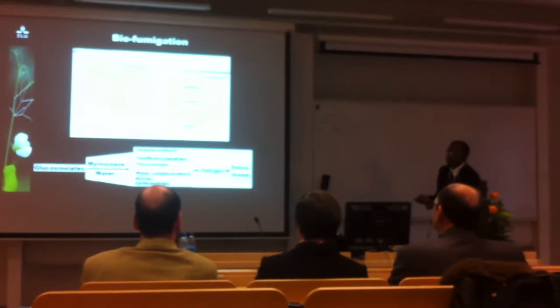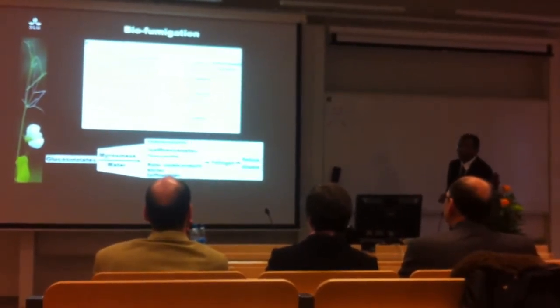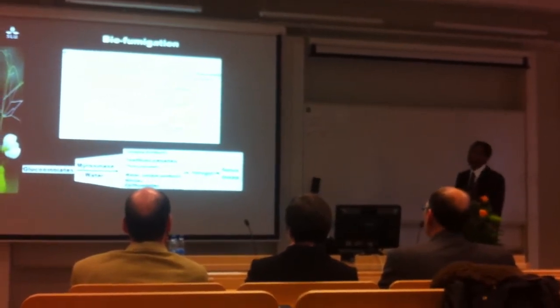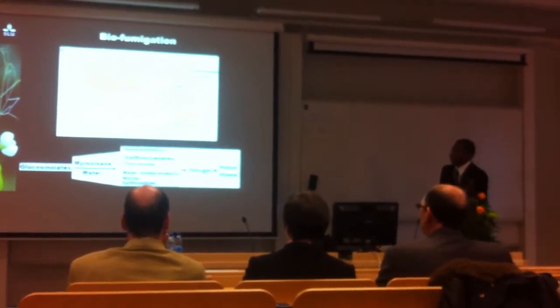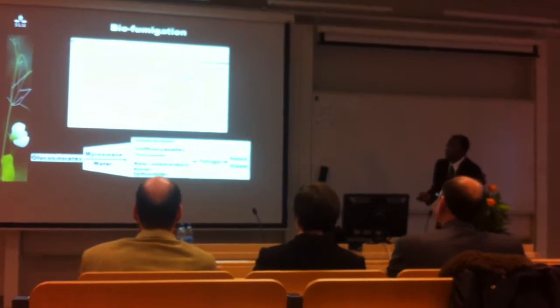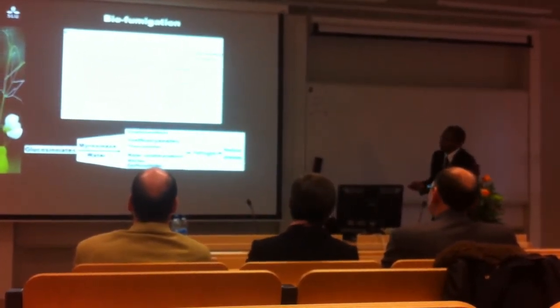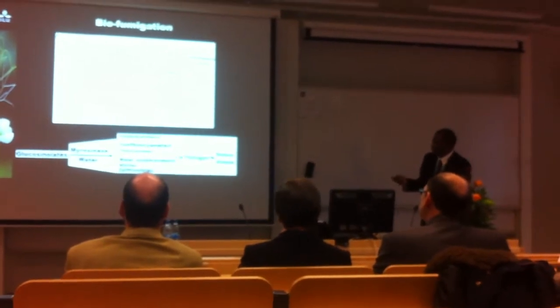There are three main types of glucosinolates. Aliphatic has a linear chemical structure, aromatic is cyclic, and indolyl is a semi-cyclic structure of glucosinolates.